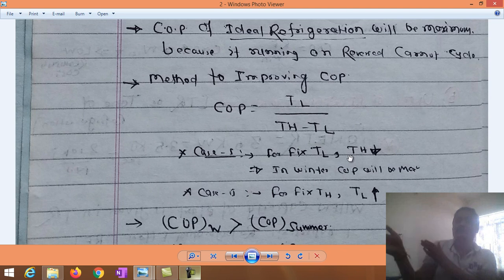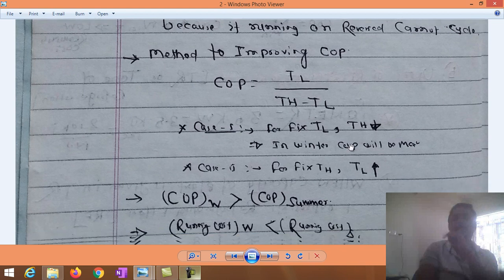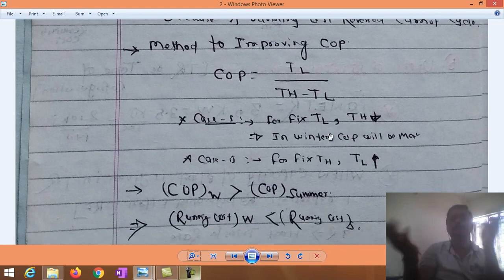Next condition: suppose TH is fixed, that is, higher temperature is fixed. In this condition, if you decrease the TL, this COP will decrease, and if you increase the TL, in that condition COP will be more. For fixed TH, if lower temperature is increased, that means the temperature inside the refrigerator is increased.